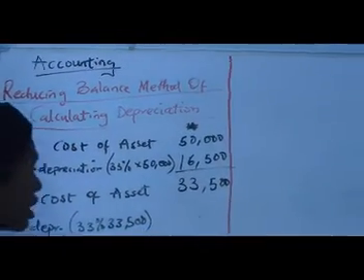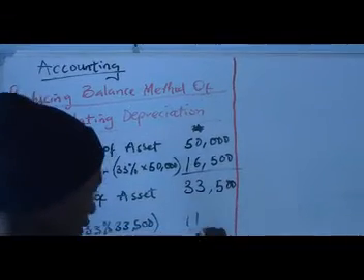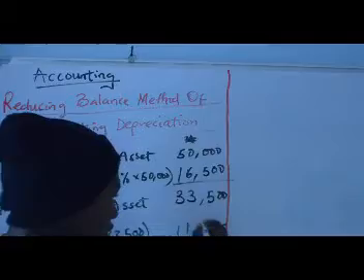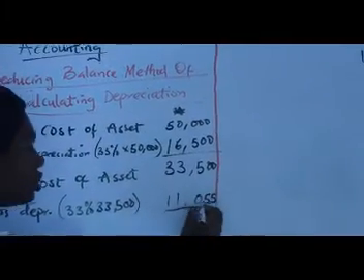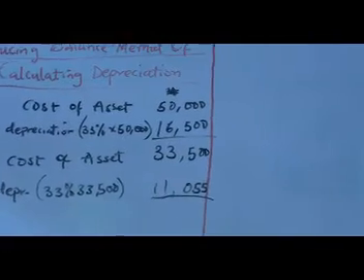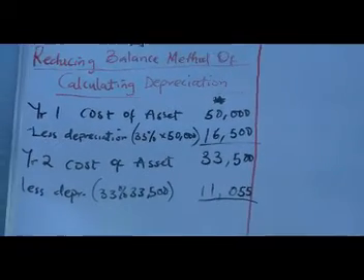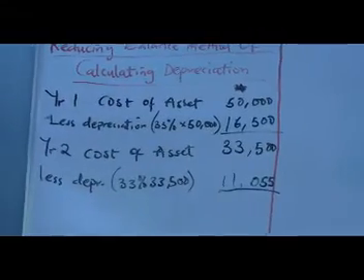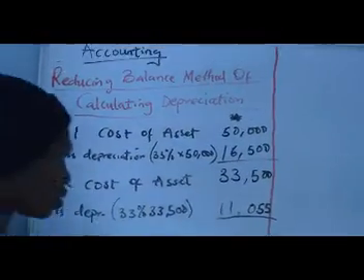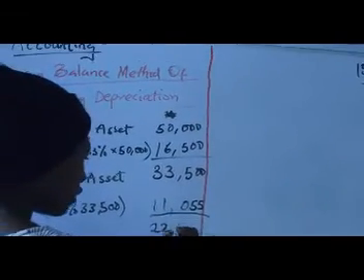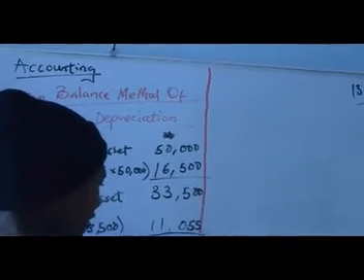And that will be giving us 11,055 naira. So at the end of the year, what we still do is that we still less this from cost of asset for the second year. And that will be giving us 22,445 naira.